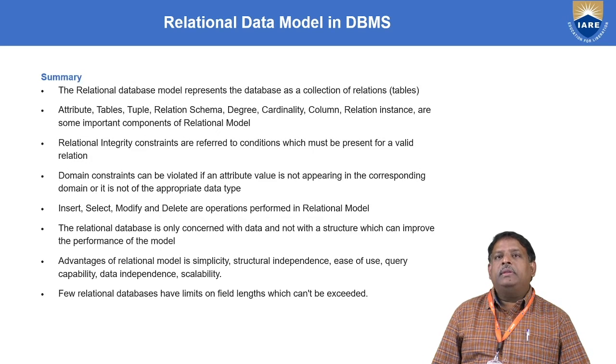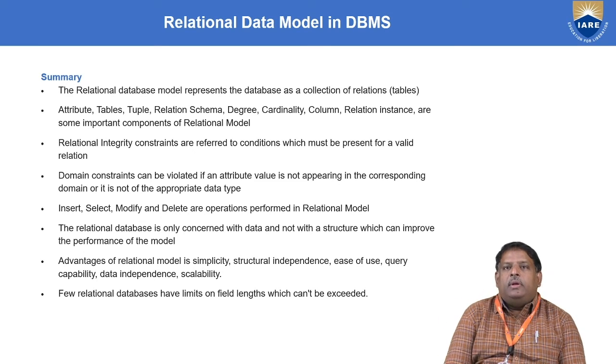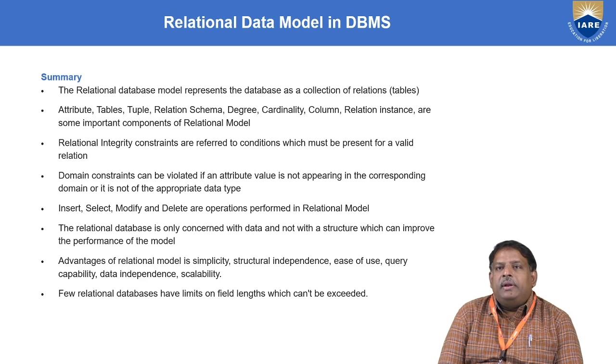With this, we complete the last part, which is the summary. Let us have a summary of the relational data model. The relational data model represents the database as a collection of relations. A database is nothing but a collection of tables, and a table is nothing but a collection of rows and columns.